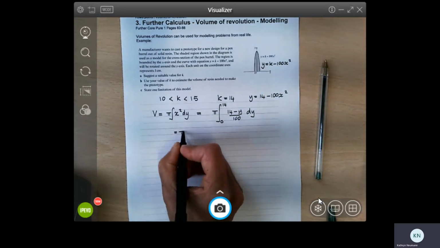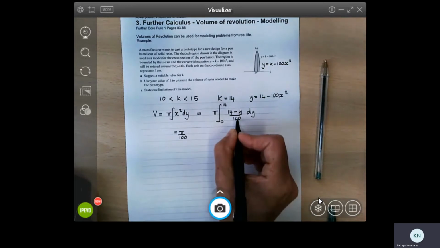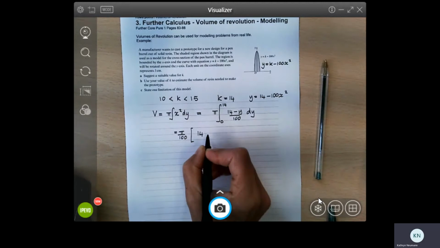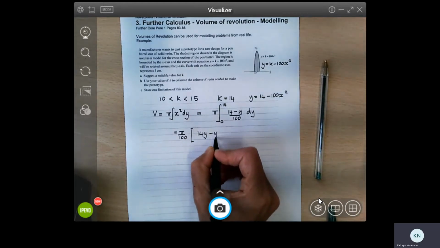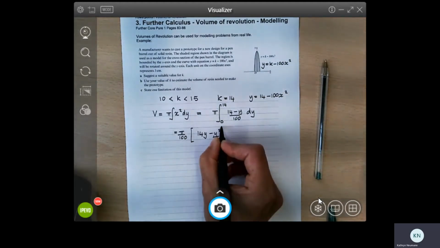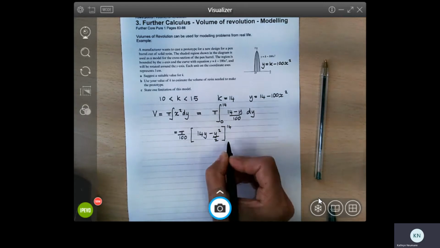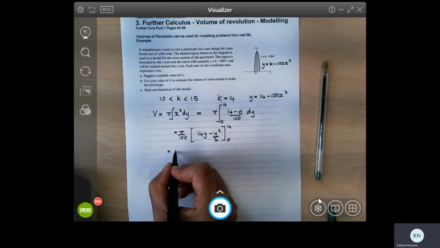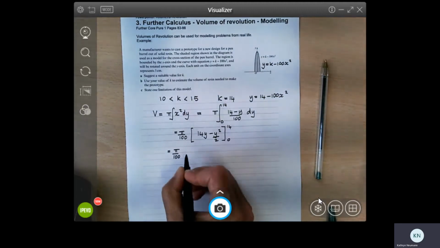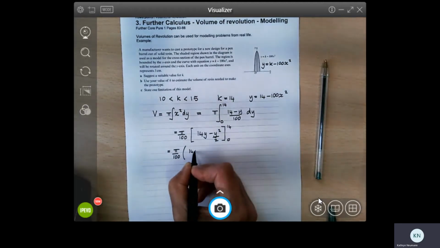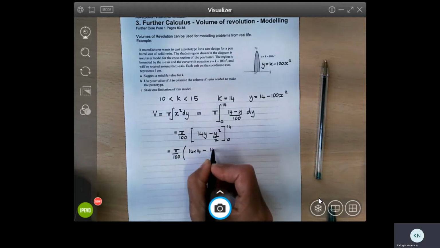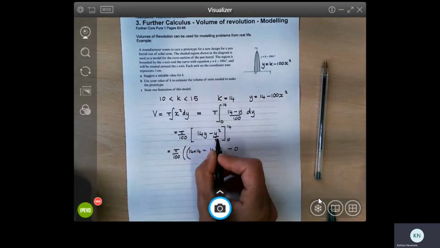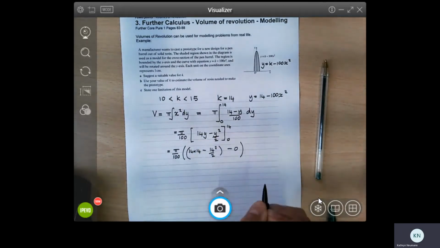This is equal to pi, and I'm going to take my 100 out, leaving 14y minus y squared over 2, and I'm going to evaluate that between 14 and 0. Make it clear that you are using the limits correctly. So this is 14 times 14 minus 14 squared over 2, take away 0, because when I substitute 0 in, that's what I get.